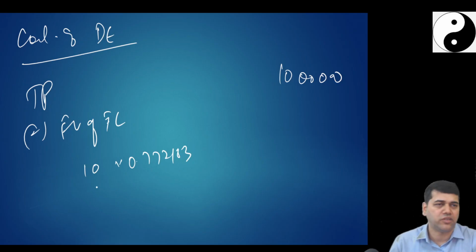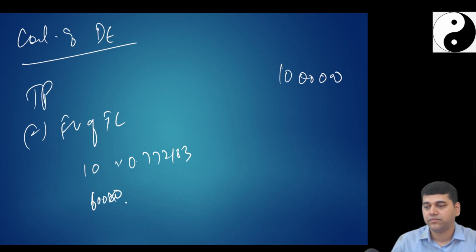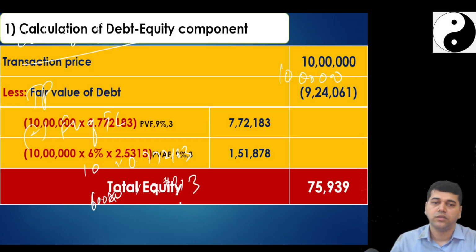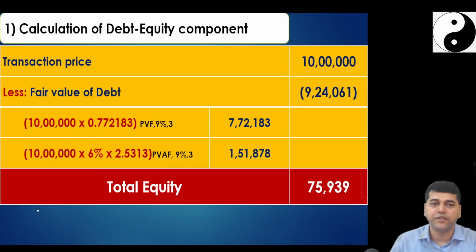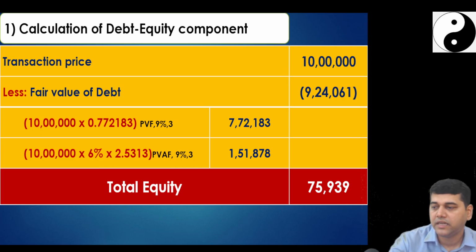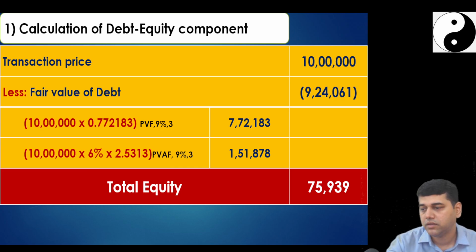It's the same number actually, like the previous question. 1 lakh into, not 1 lakh, 60,000. 10 lakh into 6%, because previously it was 10%, into 2.5313. So you are going to get 9,24,061, and the equity component will be 75,939.